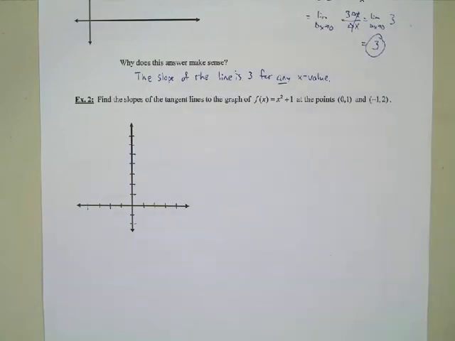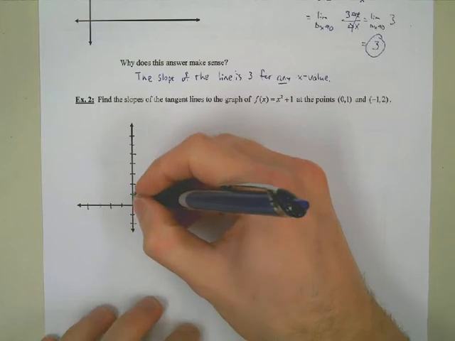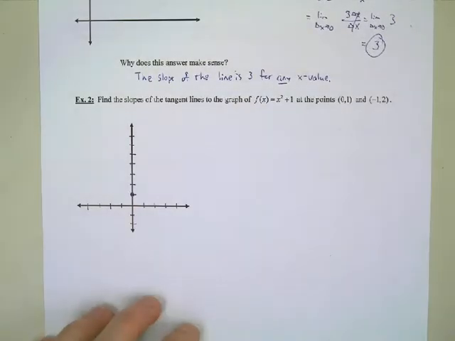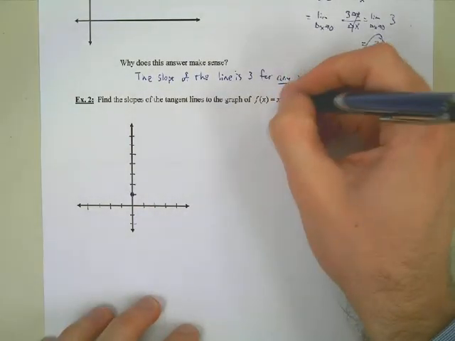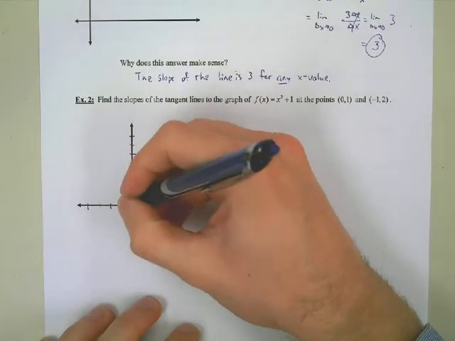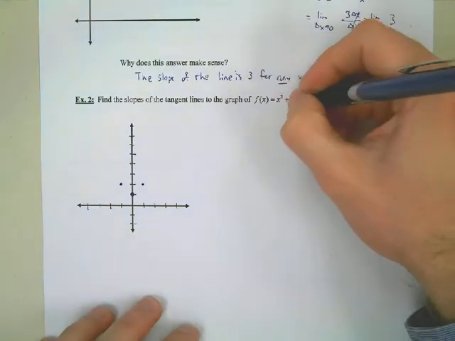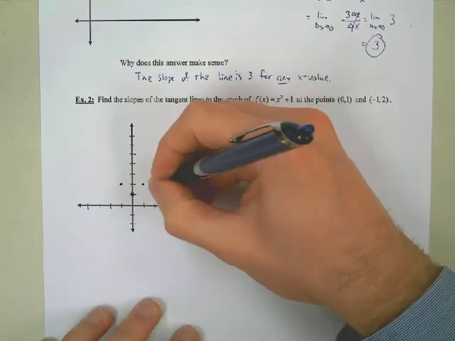Okay, so let's graph this here. At 0, we should have a y value of 1. At 1, 1 squared is 1, plus 1 is 2, so at 1, 2. And then also, by symmetry, negative 1, 2 as well. Then 2 squared is 4, plus 1 is 5, so 2, 5.